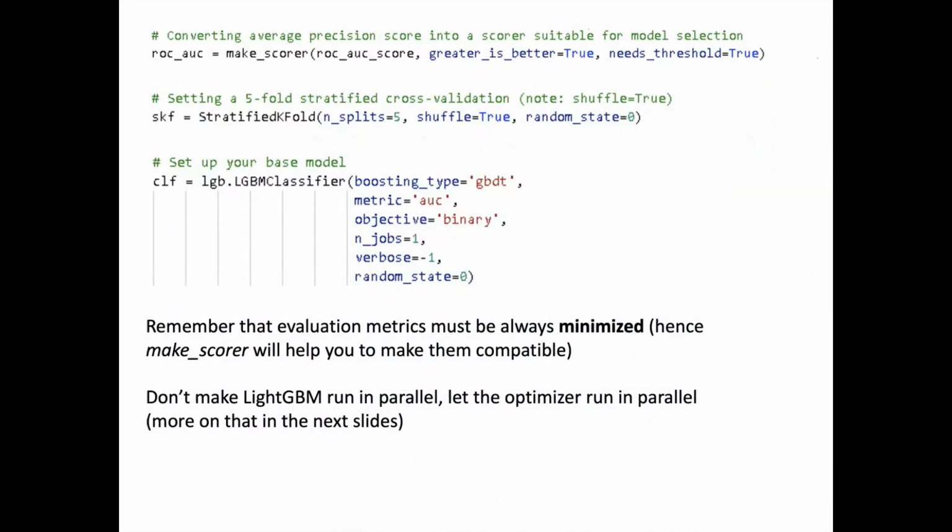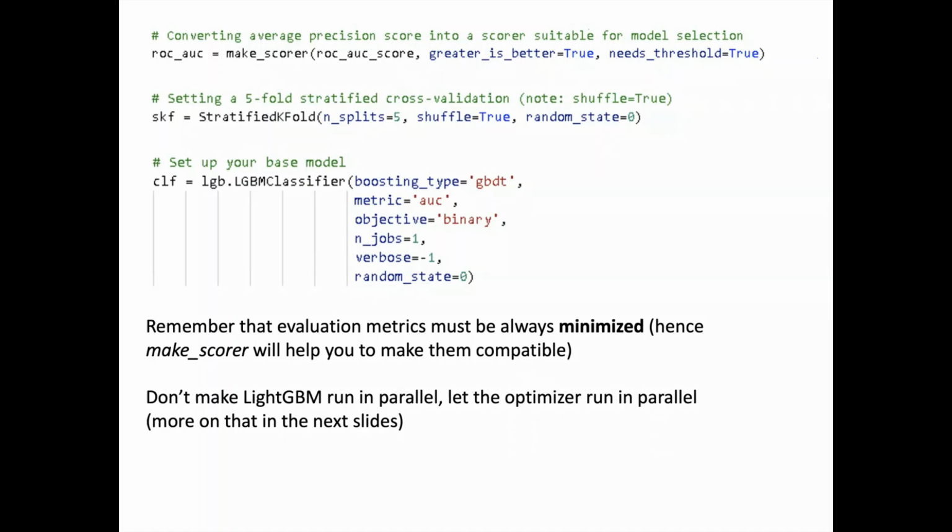After defining the wrapping function that can help you to record the best results by Bayesian optimization, let's complete our recipe by providing the metric for evaluation, the cross-validation, of course, and your base model. As far as the evaluation function, in this case, our problem requires a measure to be maximized, the ROC-AUC, so the area under the ROC curve.